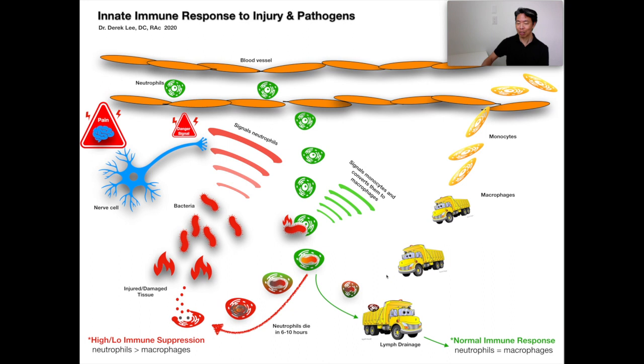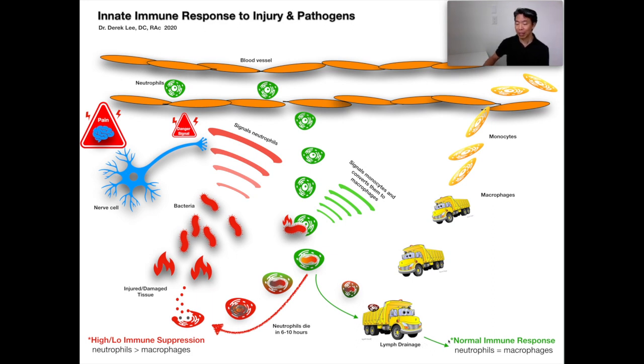Now, these dump trucks are important because once the damaged tissue and the bacteria are engulfed, packaged into nice tiny bundles of garbage and thrown into these dump trucks, it is further removed by the lymph drainage system.